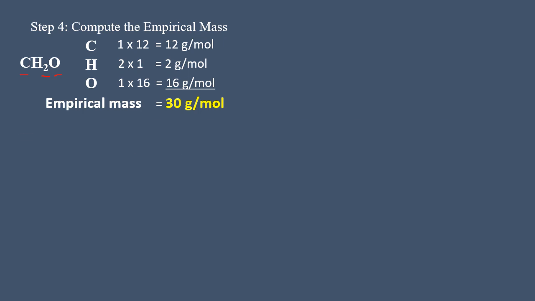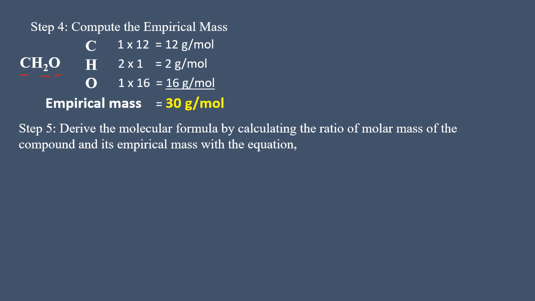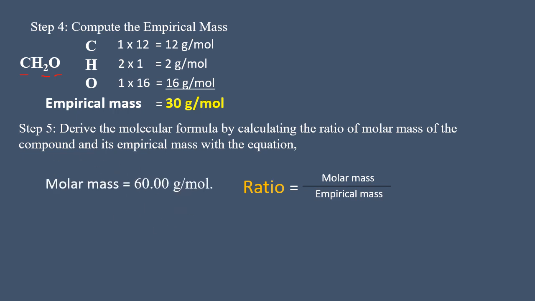For the fifth and final step, derive the molecular formula by calculating the ratio of molar mass of the compound and its empirical mass with the equation ratio is equal to the given molar mass divided by the empirical mass. And the given molar mass is equal to 60 gram per mole.